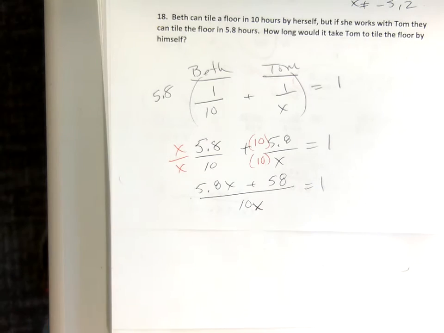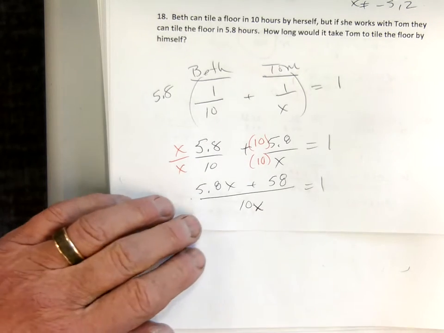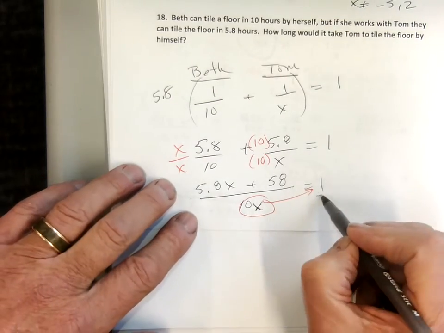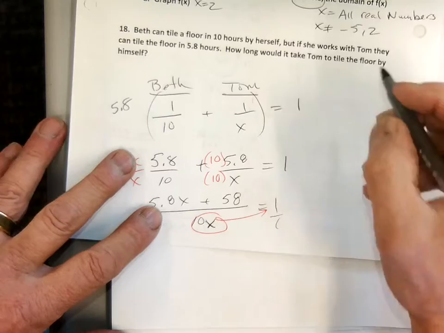All right. Now let's solve for x. I'm going to multiply by 10x. Just multiply that up, it's like cross multiplying, right?